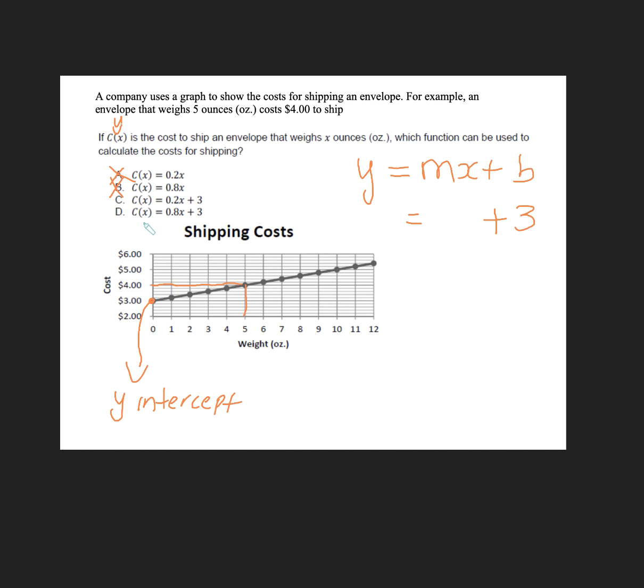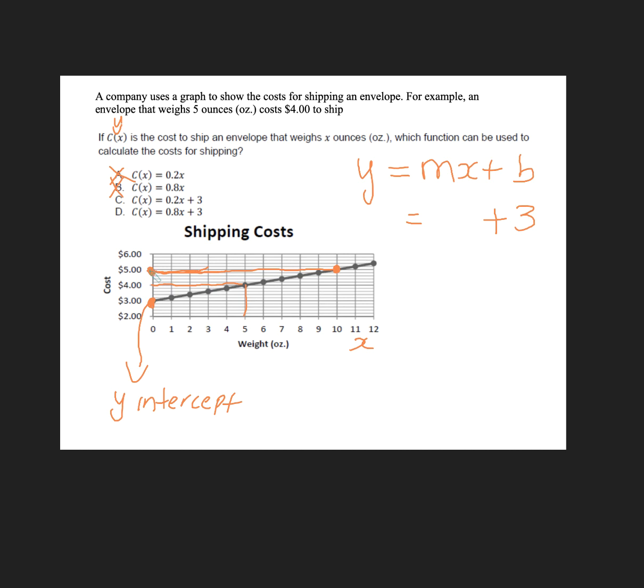So with this one, we have to actually find the slope. All right, let's find the slope. Let's pick 2 points. I'm going to choose this point here, which is at 10, and this point here, which is at 1 on the x-axis, because this is my x-axis. And for my y-axis, I am using right here at 5.